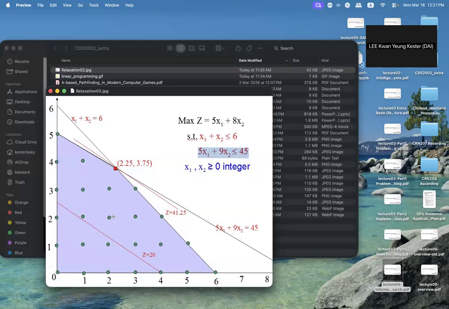The state we want to find is a state that has the highest objective value. This Z here is our objective value. In this problem, we are trying to find the combination of x1 and x2 that gives us the maximum objective value, which is the value of Z.